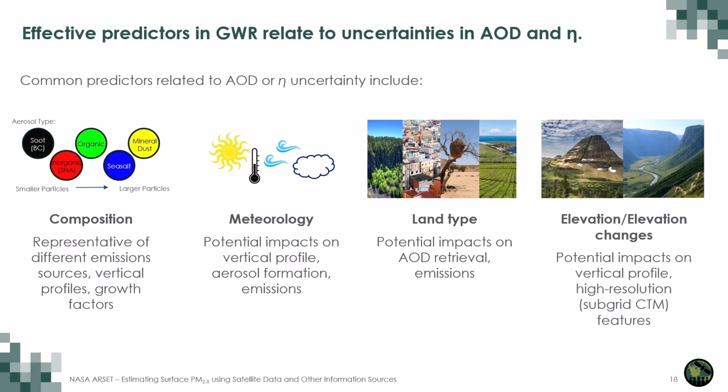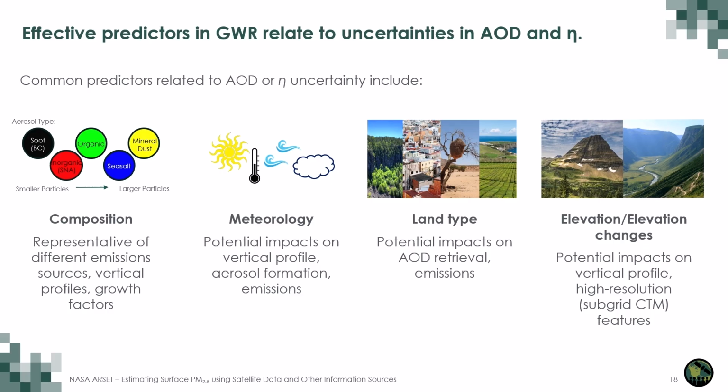Lastly, elevation, or more specifically, changes in elevation, can be an important predictor in geophysical bias. In this case, what is being represented is not so much an error on the part of a model to simulate AOD, but rather changes in the AOD to PM2.5 relationship that are occurring at a resolution below that of our simulation. You'll recall that simulations are often run at 50 or 100 kilometers.